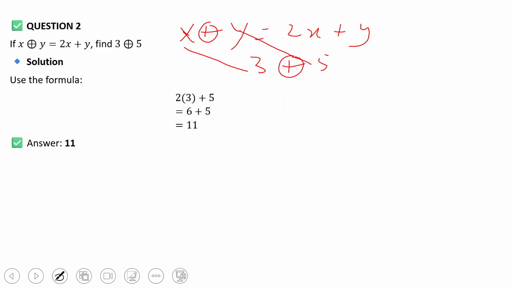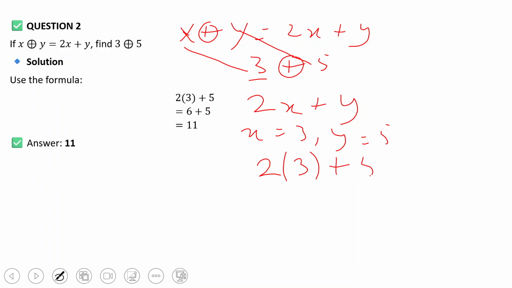I will write this 2x plus y. Wherever I see x, I put 3 because that's been defined here. Wherever I see y, I put 5. So I write it as 2 into 3 then plus 5. So 2 times 3 is 6, plus 5, which will give me 11. Okay.